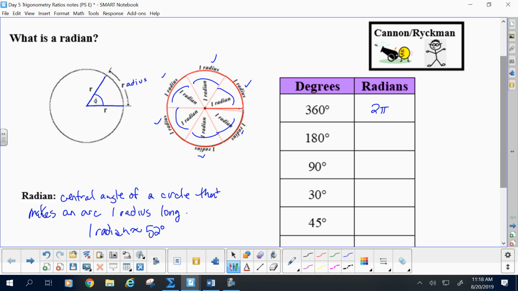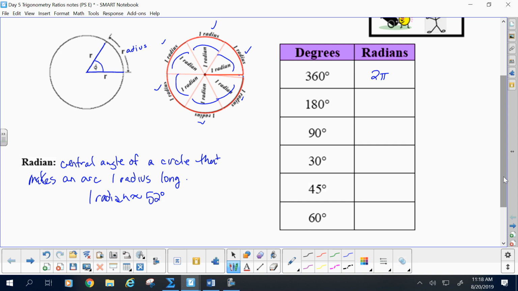Now, if you just have all of these down, all your other trig will be super duper easy, all right? So if 360 degrees is 2 pi, then 180 degrees is pi, 90 degrees is pi over 2.